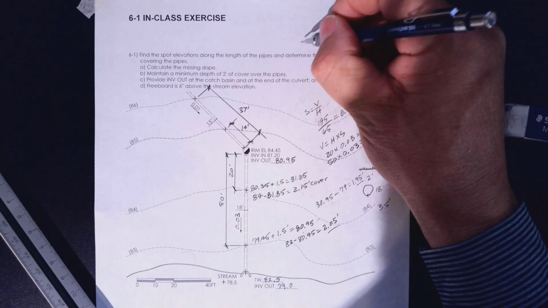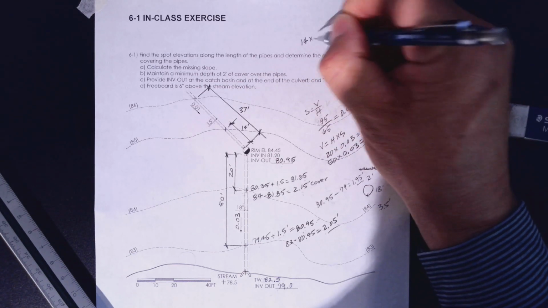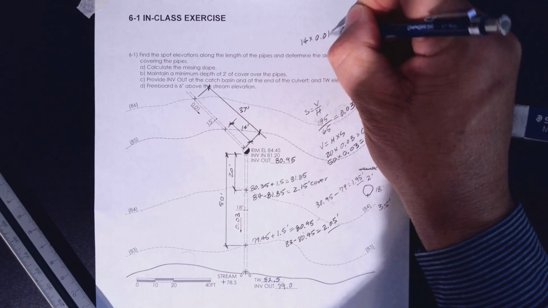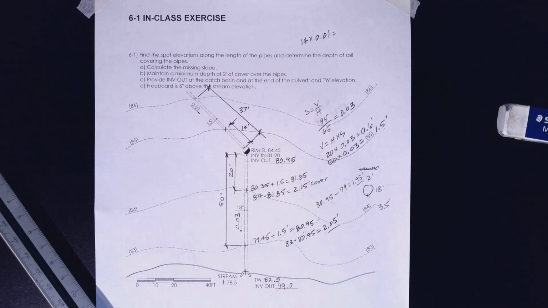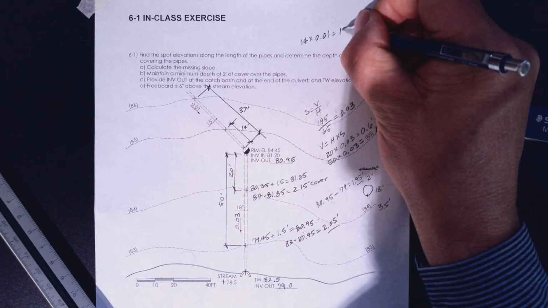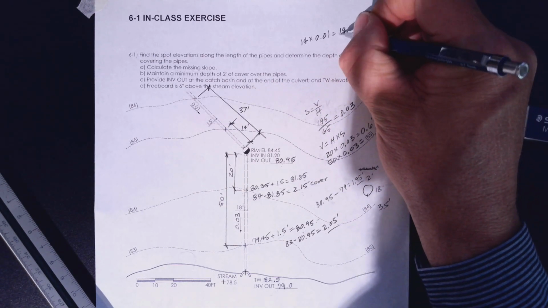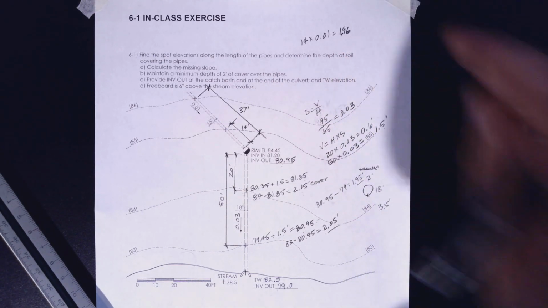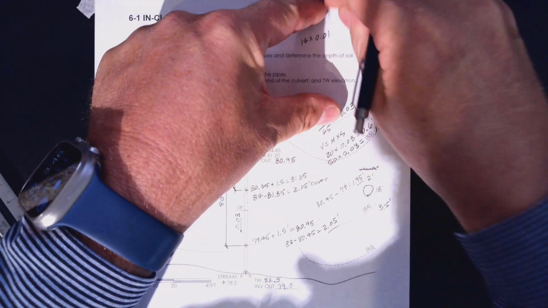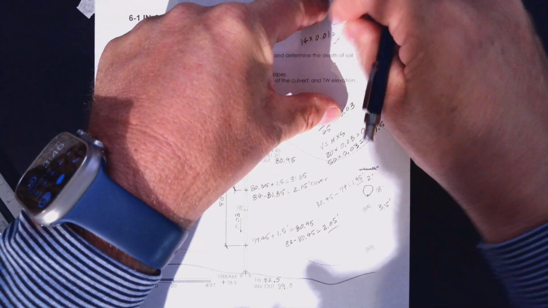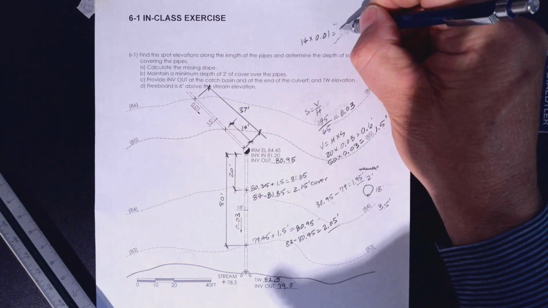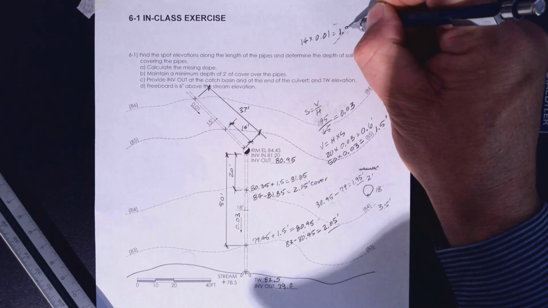So 14 feet times 0.01 equals 1.96. Write that a little bit better for you. Getting a little sloppy here. It's late in the day, getting tired.